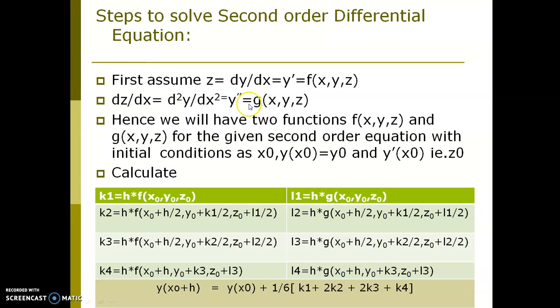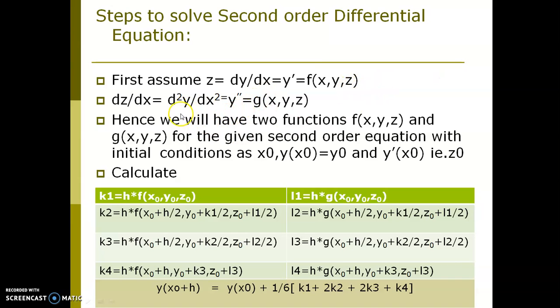Now let us see the steps. If we are given a second order differential equation, first we need to assume a new variable z as dy by dx. So the first order derivative term in the equation can be replaced by z, and we will call this equation itself z equal to dy by dx equal to f of x, y, z. Since it is the first function which we have identified, we will use this as the first function.